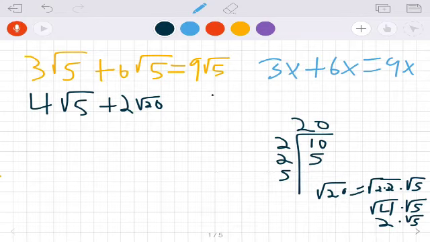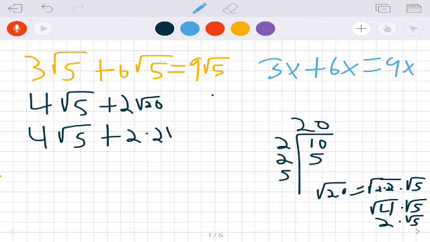So what this really equals is 4 times the square root of 5 plus 2 times, and then we take the square root of 20, which equals 2 times the square root of 5, which means this equals 4 square root of 5 plus 4 square root of 5.